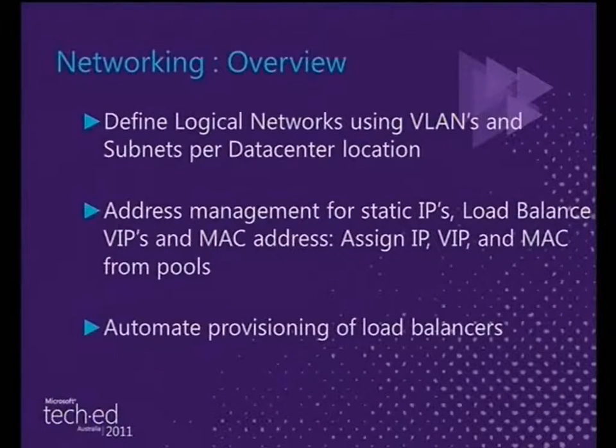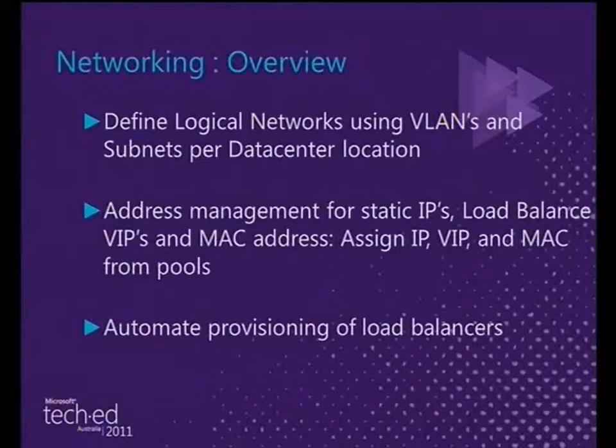So again, network overview, we can create logical names. Please be aware that logical names are for the end user, not for you. Address management, now I can assign static IPs. Load balancing, now we call VIPs.